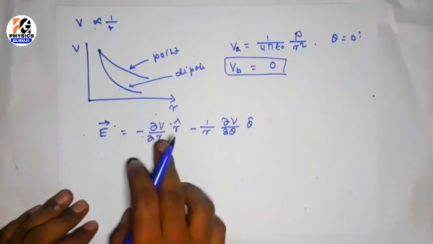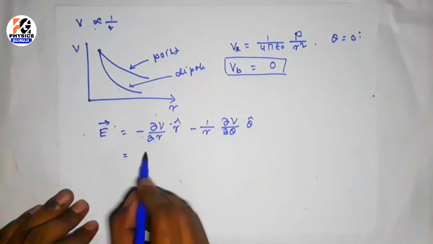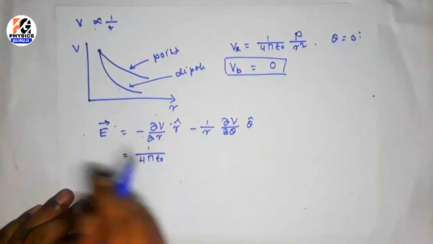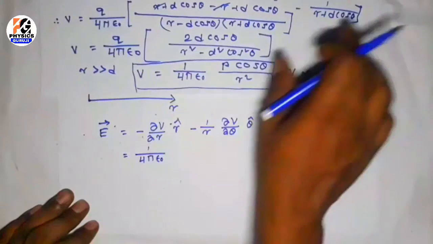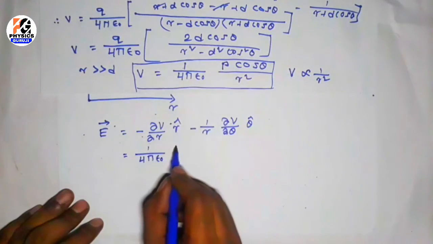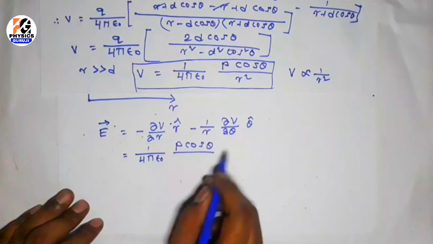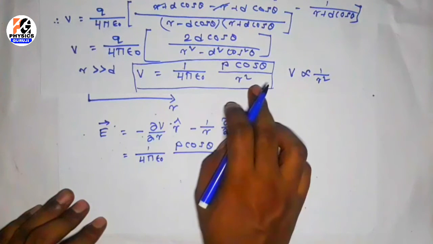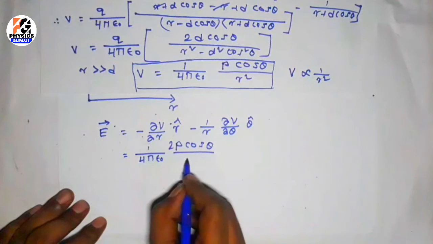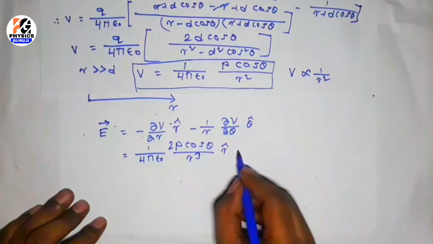Now if you differentiate del V del r, you will get 1 by 4 pi epsilon 0 p cos theta, and the differentiation of 1 by r square gives minus 2 by r cube. Minus minus will cancel, and here it is 2 by r cube into r cap.